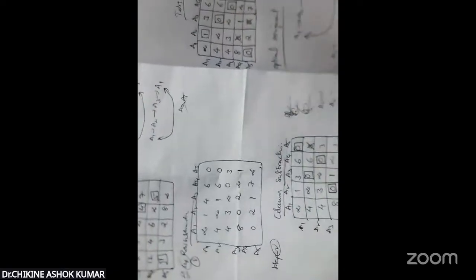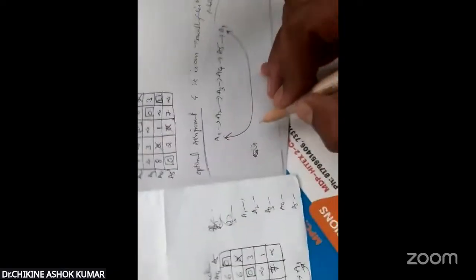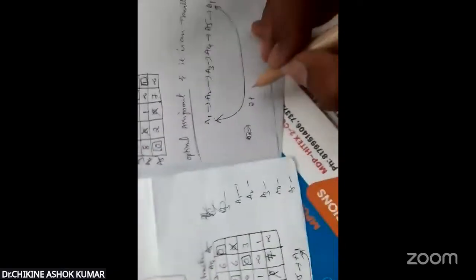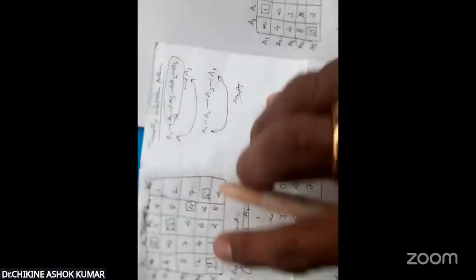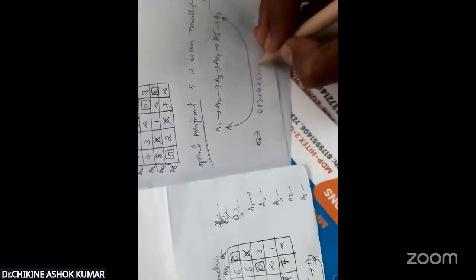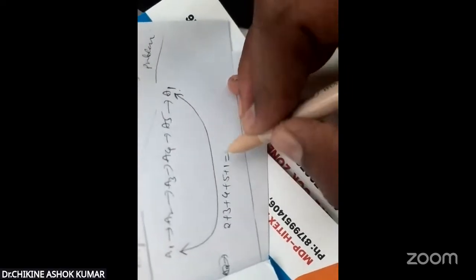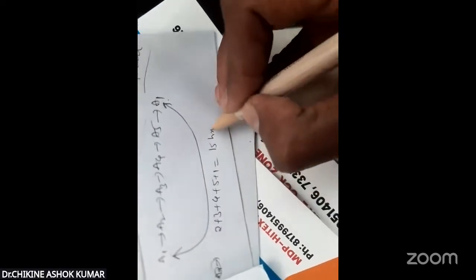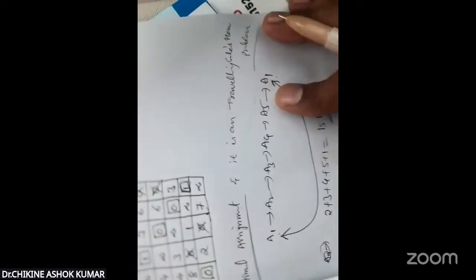Therefore, the total time will be 2 plus 3 plus 4 plus 5 plus 1. So what is the total time? It is 1 plus 2 plus 3 plus 4 plus 5, the sum of the first five natural numbers, which means 15.